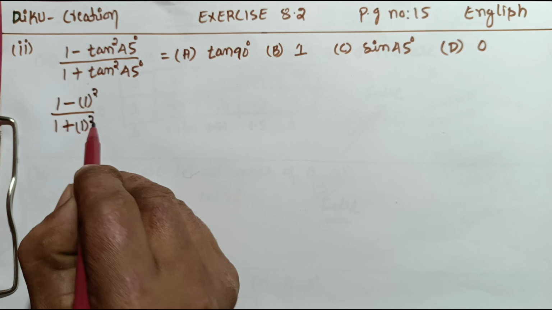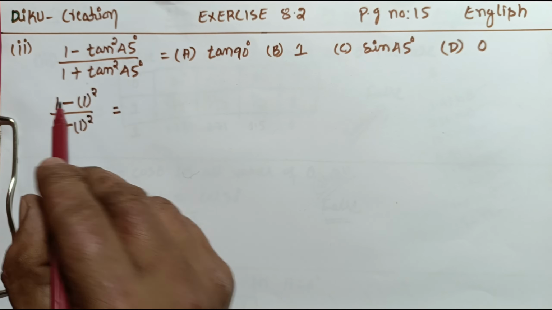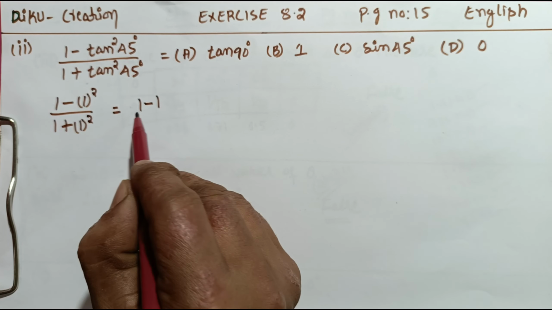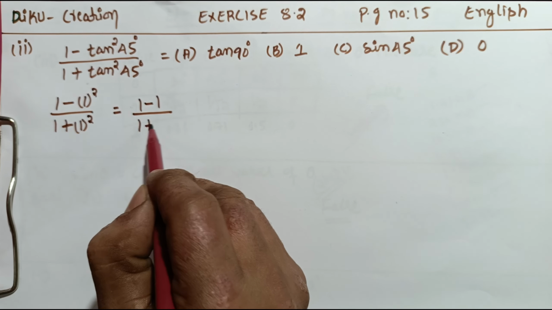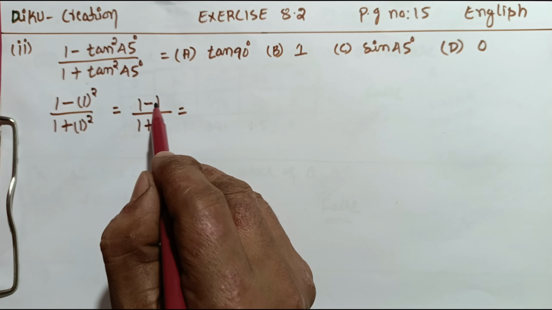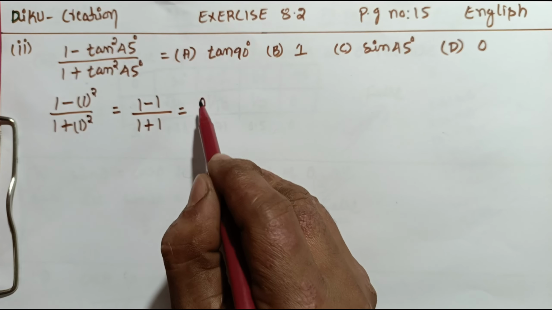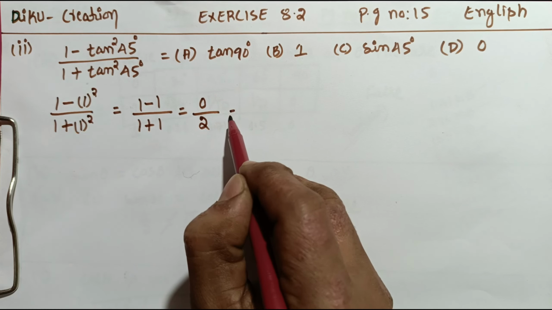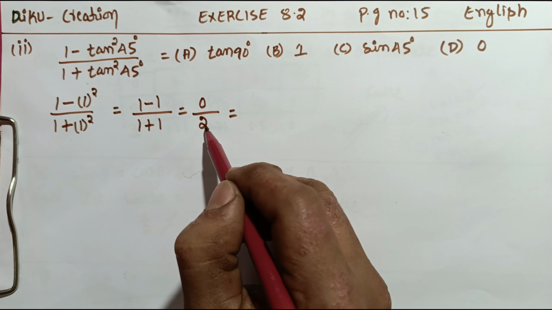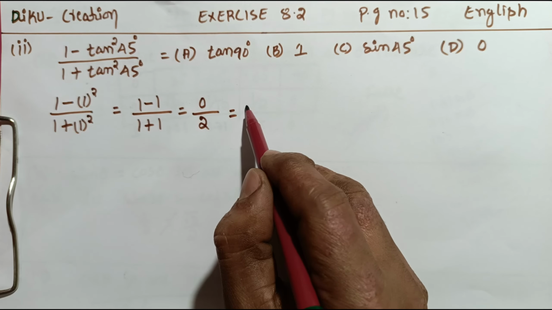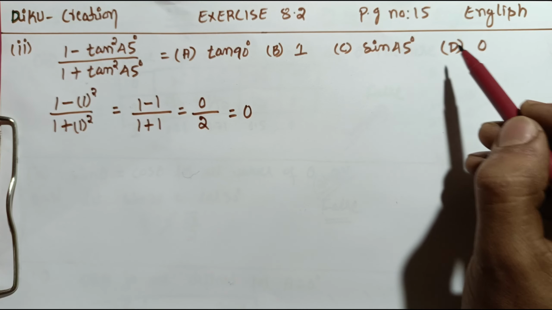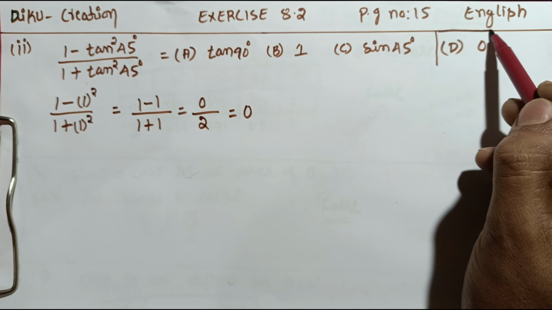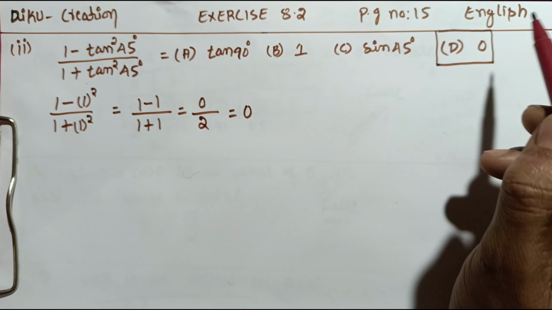Here there is a square, 1 square, which is equal to 1 minus 1 divided by 1 plus 1, which is equal to 1 minus 1 is going to be 0 divided by 1 plus 1 is going to be 2. So 0 divided by any number is going to be 0. Hence the right option is D. D is the right option.